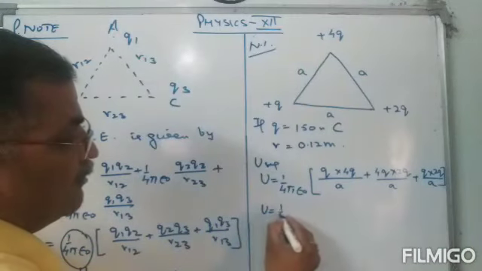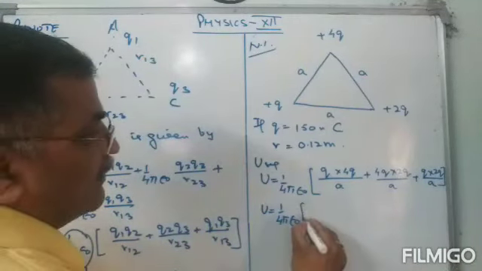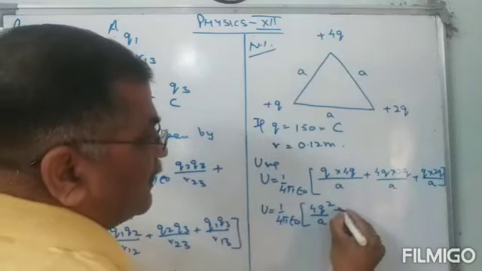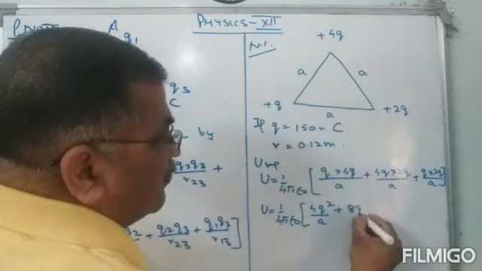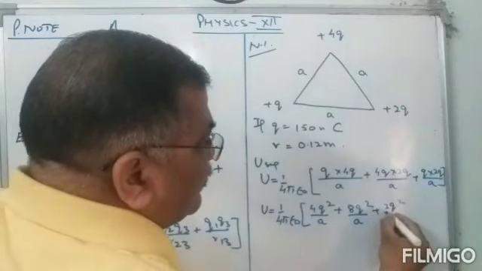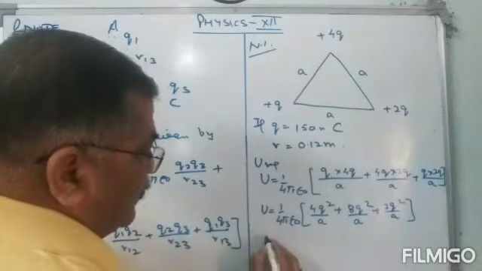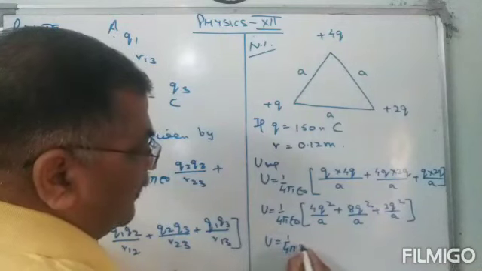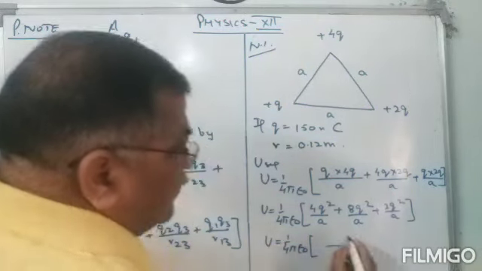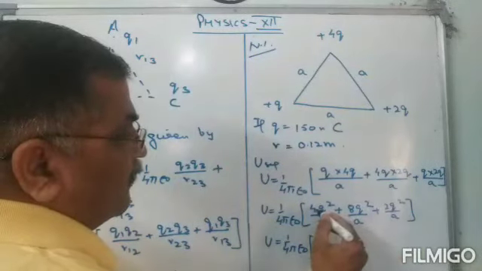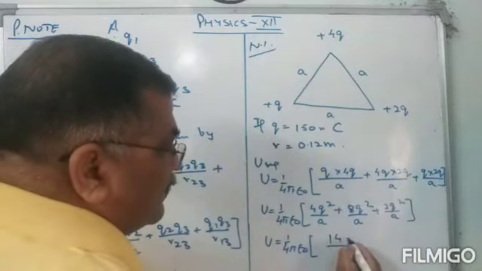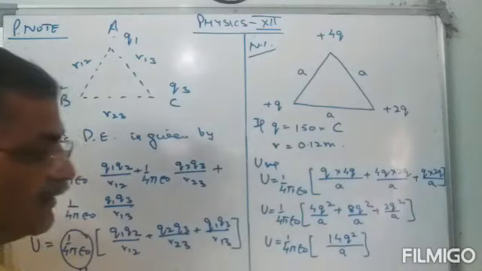U is equal to 1 upon 4 pi epsilon naught. In bracket, you'll get 4Q square upon A plus 8Q square upon A plus 2Q square upon A. LCM will be A, and you will get 4 plus 8 is 12, 12 plus 2 is 14, it's 14Q square.